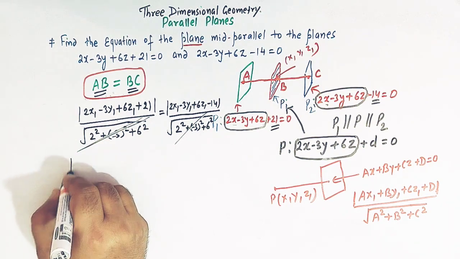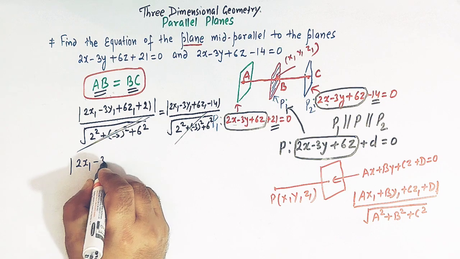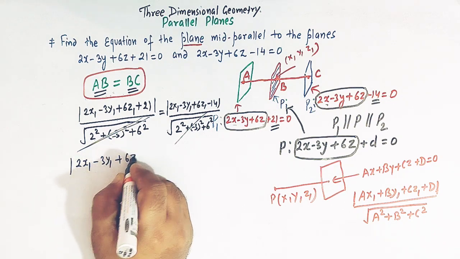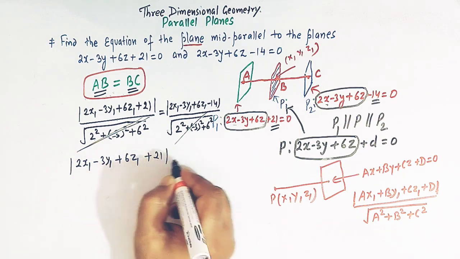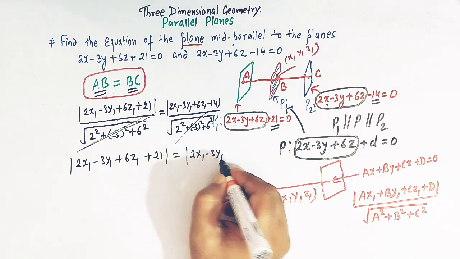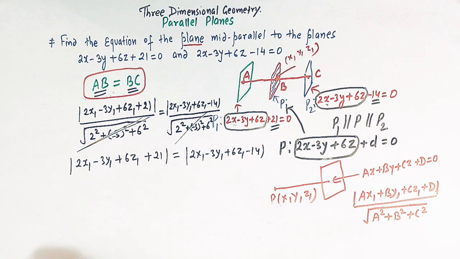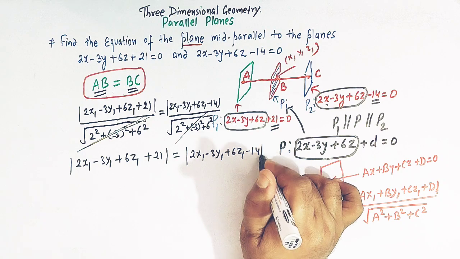So now we have the absolute value of 2x1 - 3y1 + 6z1 + 21, and here we have the mod of 2x1 - 3y1 + 6z1 - 14, right?